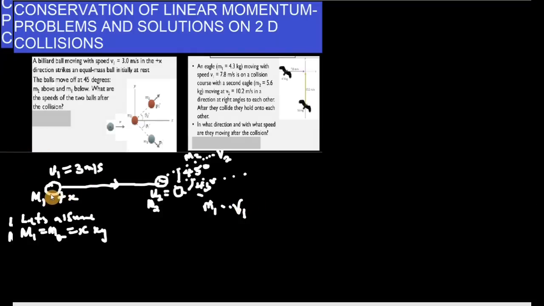The first ball collides with the second ball and they get scattered at the same angle in different directions. This one is towards the positive y and this one is towards the negative y.